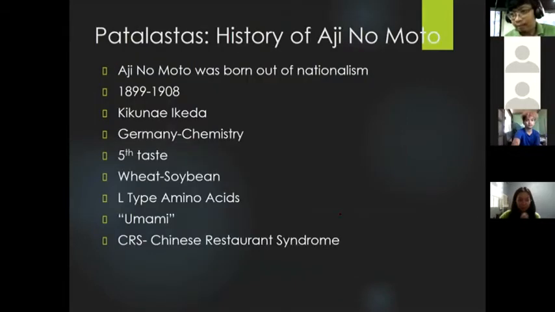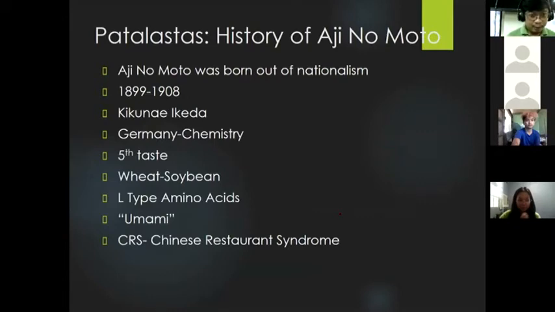Ano nga bang history ng Ajinomoto? Ang Ajinomoto formulation, it was started in 1899 to 1908 nung yung isang Japanese chemist, si Kikunae Ikeda, nag-aral siya sa Germany ng chemistry.